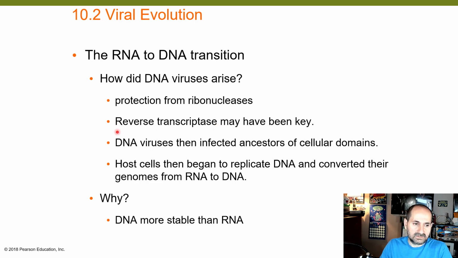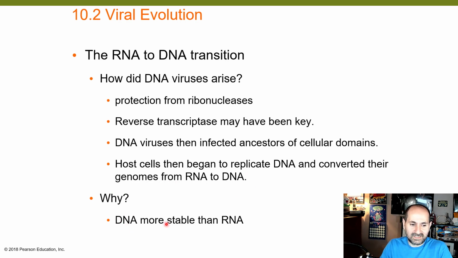This enzyme can convert RNA to DNA. DNA viruses then infect ancestors of cellular domains like archaea, bacteria, and eukarya, and convert the host cells. The host cells then began to replicate DNA and converted their genomes from RNA to DNA.